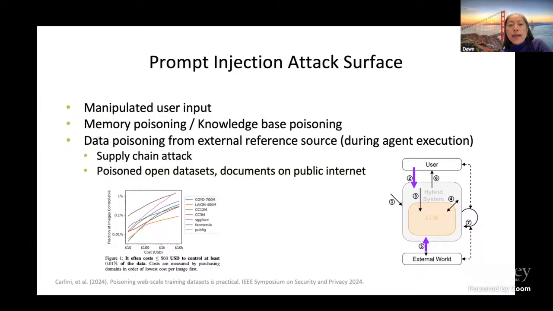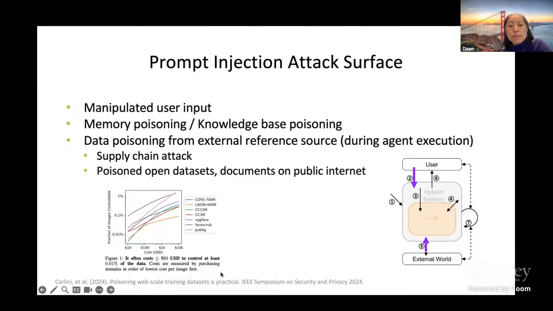And also, as the LLM uses data from the memory and the knowledge base, the memory and knowledge base can also be poisoned from untrusted data, as well as data poisoning from external reference sources during agent execution, including supply chain attacks and poisoned open datasets and documents on the public internet, as I showed earlier.